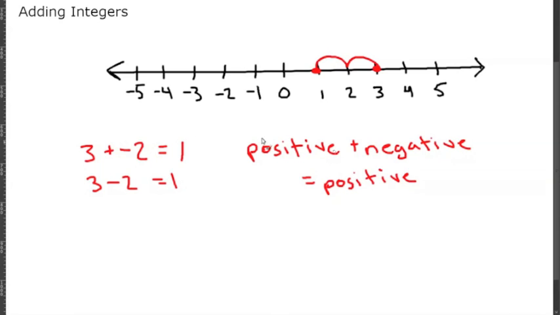It gave us a positive because this negative was less than the original positive. So because this number 2 was less than the number 3, we got that the positive plus the negative equaled still a positive. Let's look at another example.